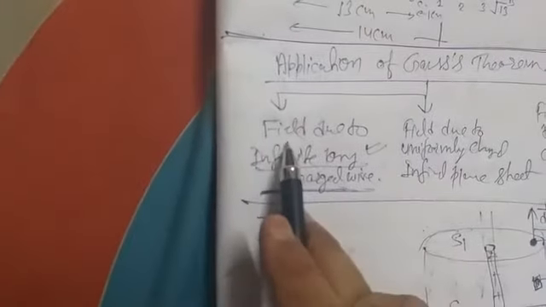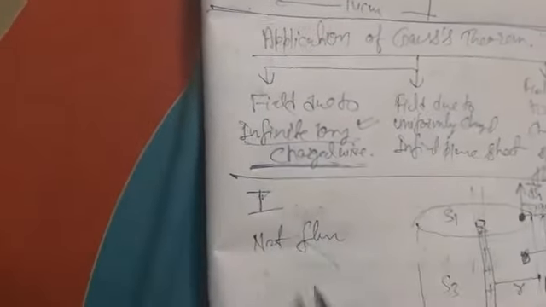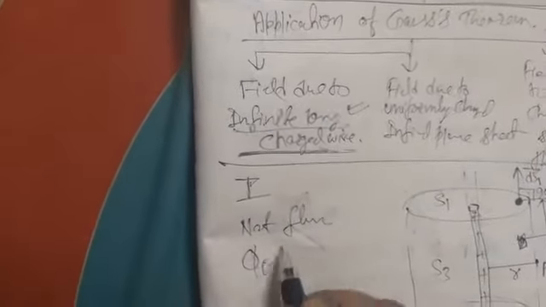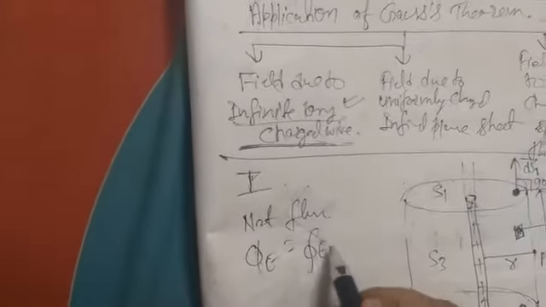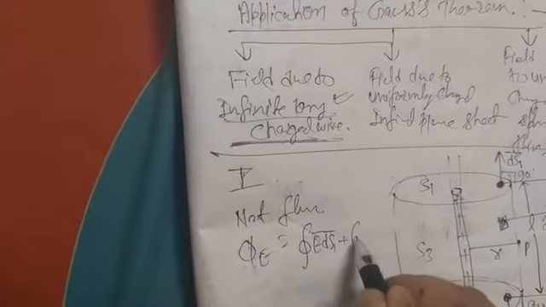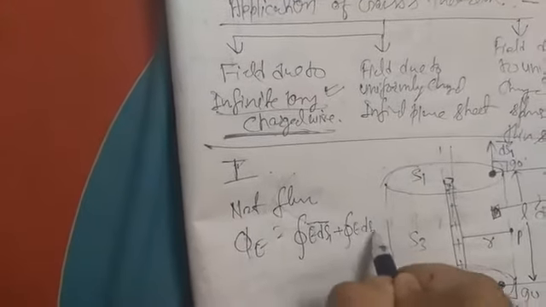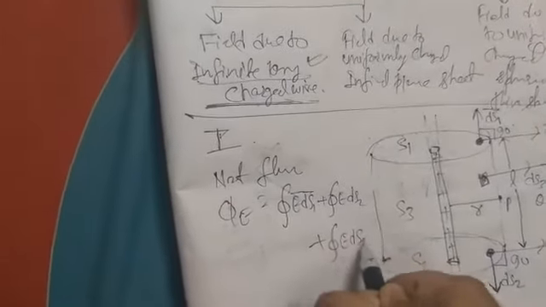So if we find the net flux for the first case, the field due to an infinitely long charged wire, the net flux phi E for the three cases is E dS1 plus E dS2 plus E dS3.